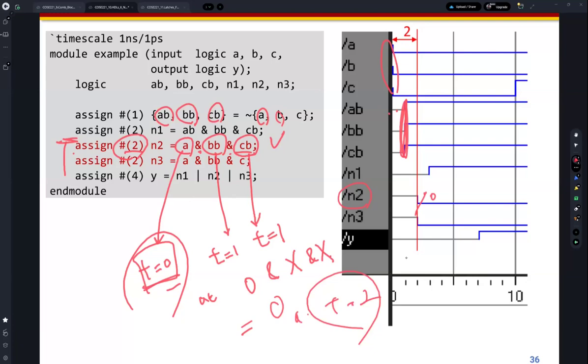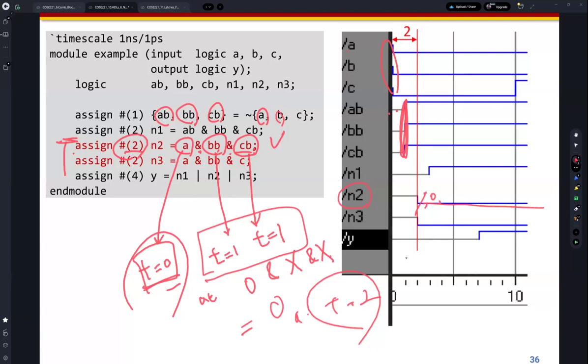So at t equal 1, BB and CB will be changed. Then this assign statement will also be computed. But still A is 0, so the output value is the same. That's why the waveform is 0 continuously.